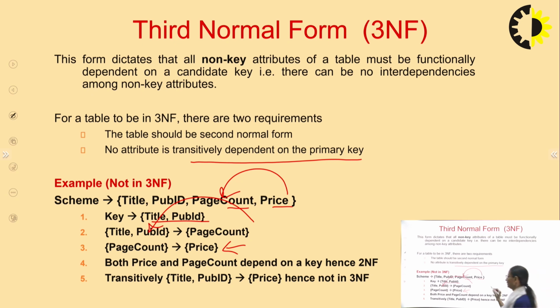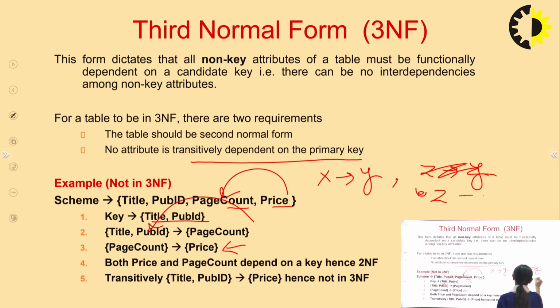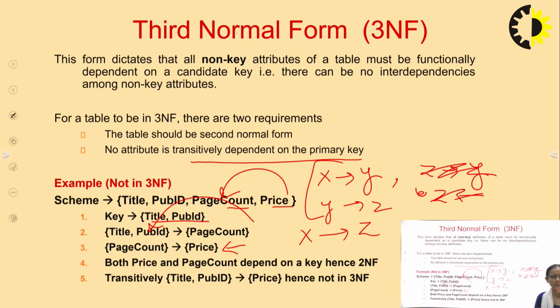What is transitivity? If y is dependent on x, and there is a functional dependency such that z is dependent on y, then due to this we have this particular dependency, that is z is dependent on x.